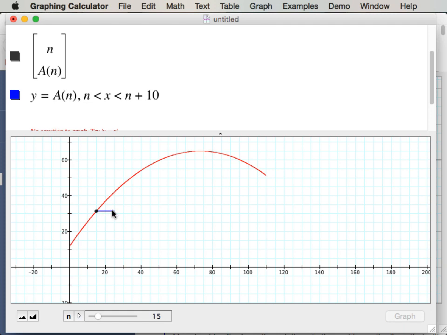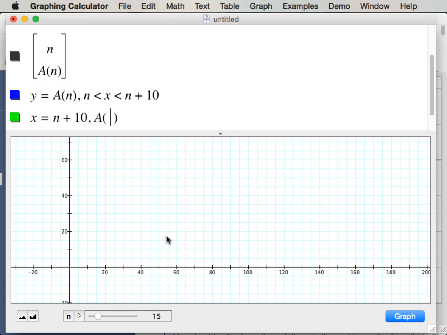When the temperature increased by 10, we got a corresponding increase in expected attendance. Right, so we're looking for a vertical line segment. That's going to be x equals. Good. x equals? And now it's probably going to be x equals n plus 10. Good. And we'll define it from a of n smaller than or equal to y, smaller than or equal to a of n plus 10.